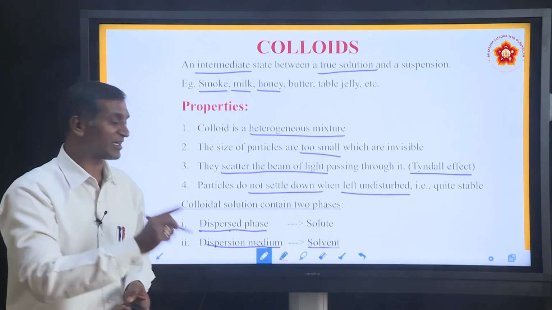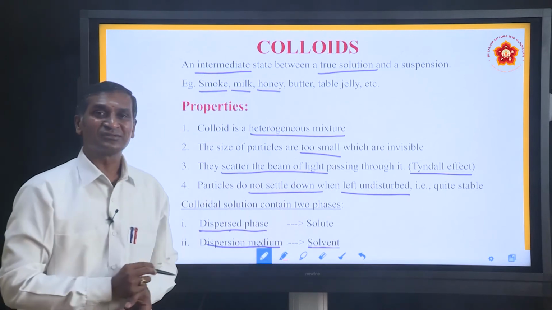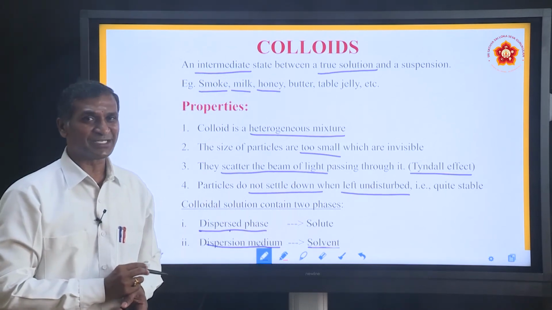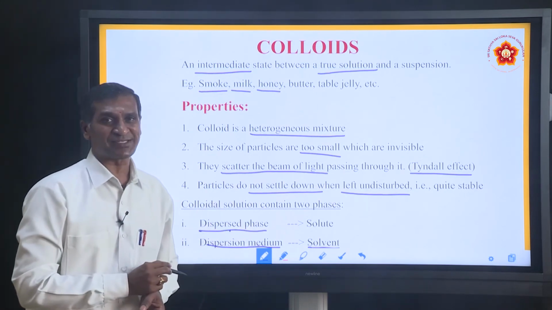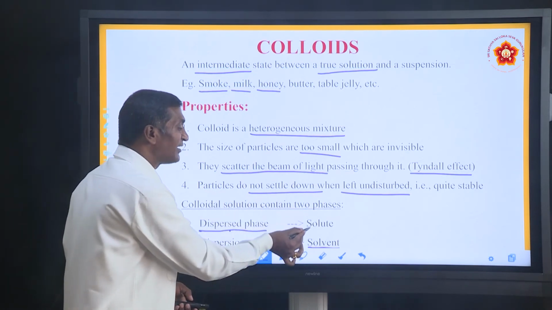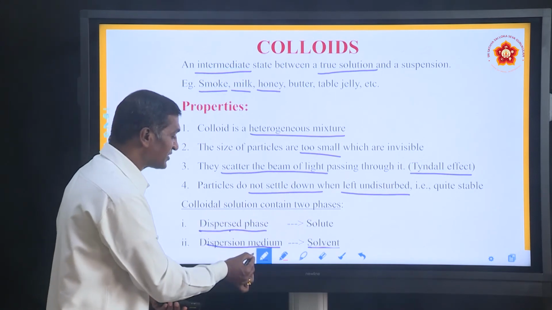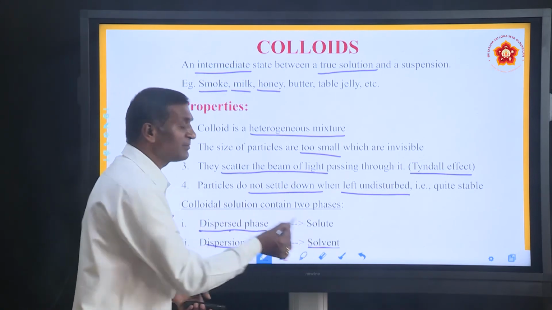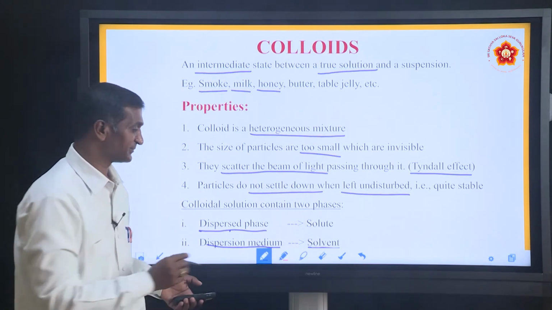So, soluble starch was the dispersed phase and the water was the dispersion medium. So, the colloidal solution has two phases: the dispersed phase, which in general terms is called the solute, and the dispersion medium, which generally we call the solvent.